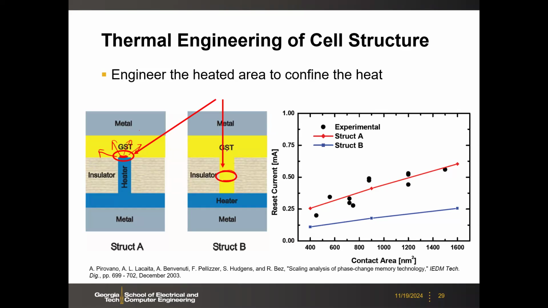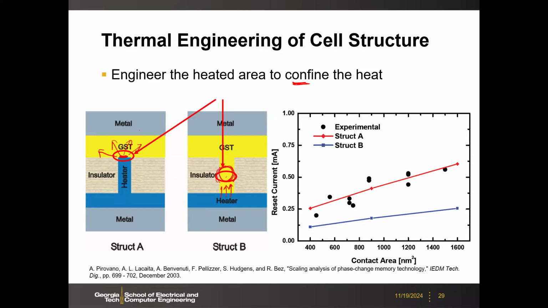If you can have the GST material within this contact hole, then the heat is generated here, and this is the insulator. Everything is confined. This is called the confined structure. Then the heat will concentrate here, and that will help.